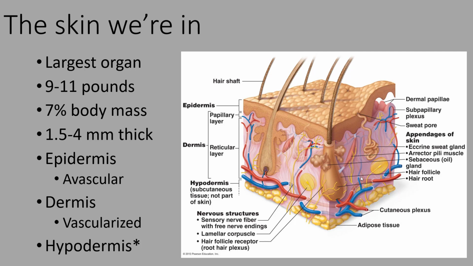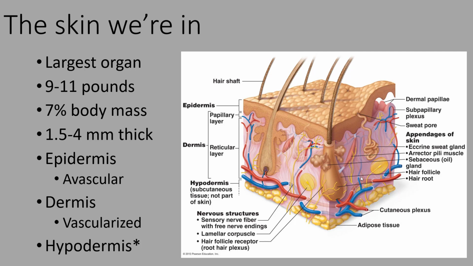The skin is the largest organ of the body. It's external, so we don't say it's the largest internal organ, but it is the largest organ. It typically weighs about 9 to 11 pounds in the average healthy adult white male. It makes up about 7% of the body mass.